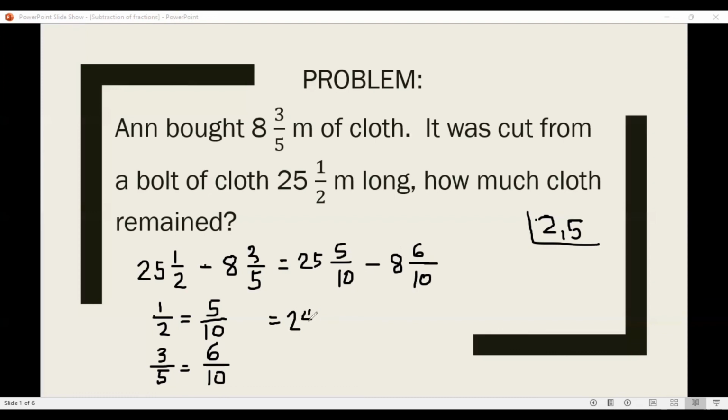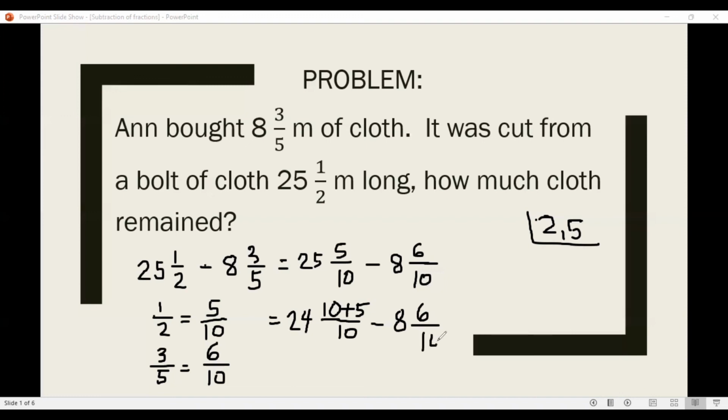Okay, and then the one that we borrowed will become 10 over 10. Why? Because we want them to become similar. So 10 over 10, we are going to add actually 10 plus 5 there, and then over 10. The shortcut for that is actually adding the numerator and the denominator. So 15 over 10 minus 8 and 6 over 10.